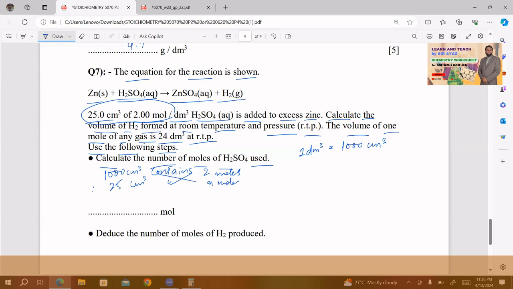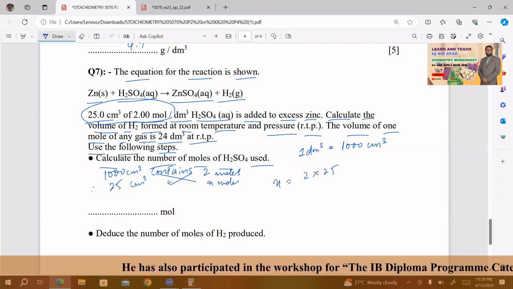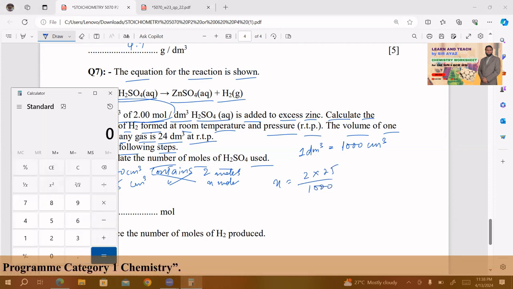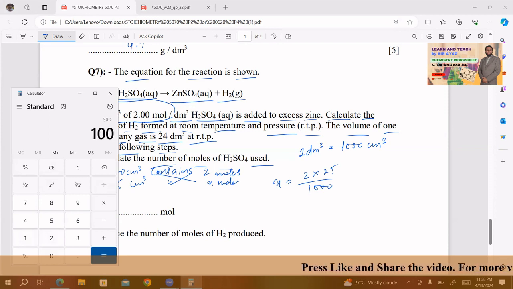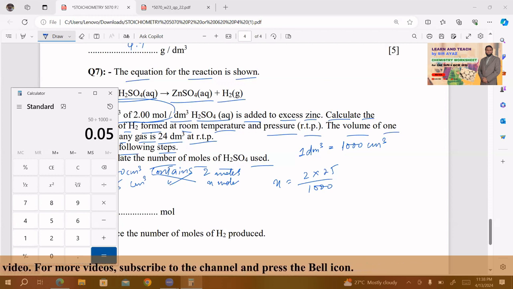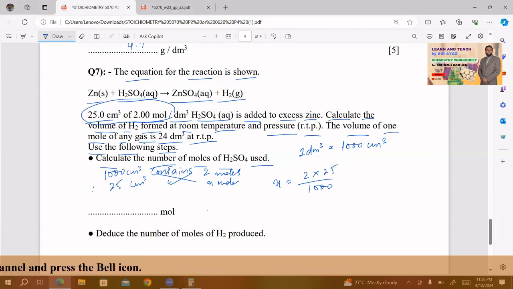Do the cross. So X becomes equal to 2 multiplied by 25 divided by 1000, which is 0.05 moles. These are the moles of H2SO4.